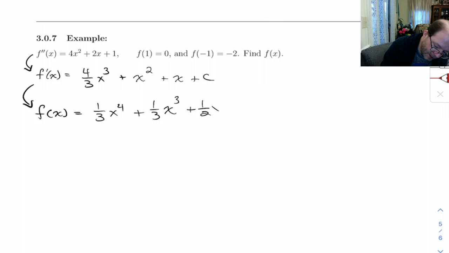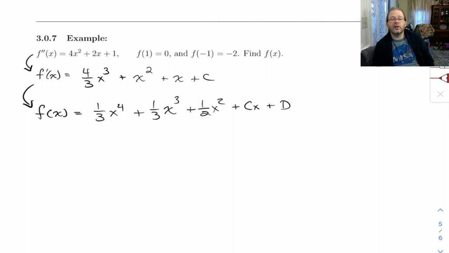This is 1/2 x squared. The c is just going to give us cx. And we have to add another constant on there at the end for d. So what we have to do now is use both of these initial values to plug into here. And it's going to give us two equations, and we'll have to solve them simultaneously to get c and d.